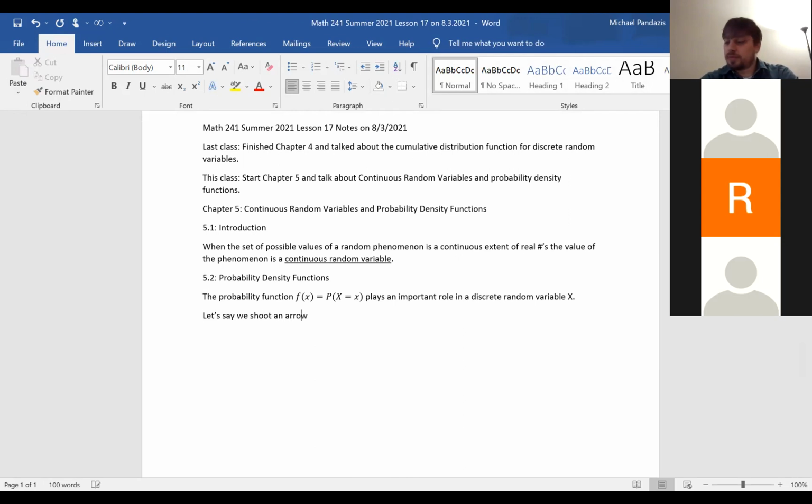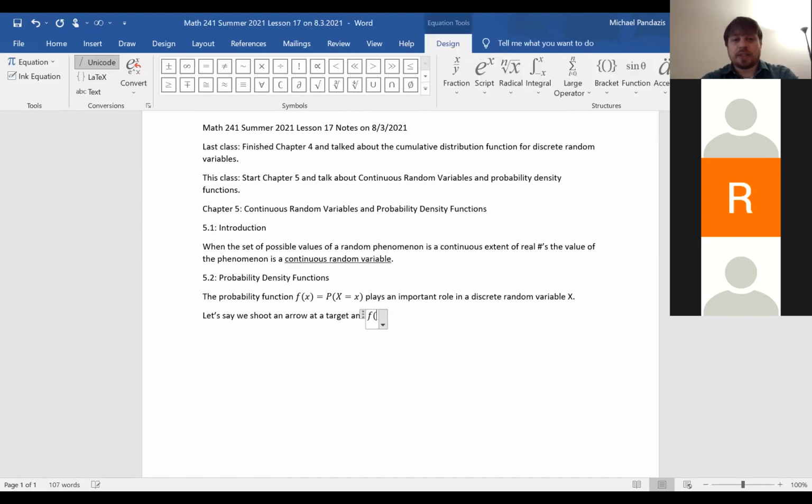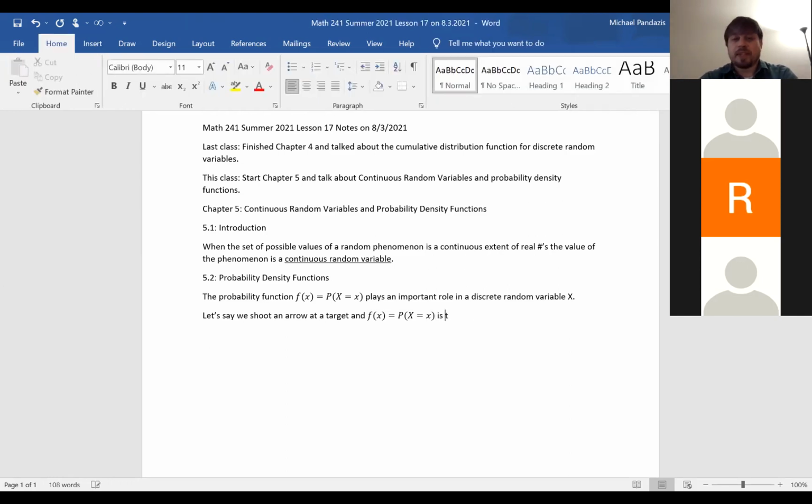shoot an arrow at a target, and f of x is equal to the probability that capital X equals a fixed value little x, is the probability that the arrow is little x inches away from the center, rounded to the nearest.